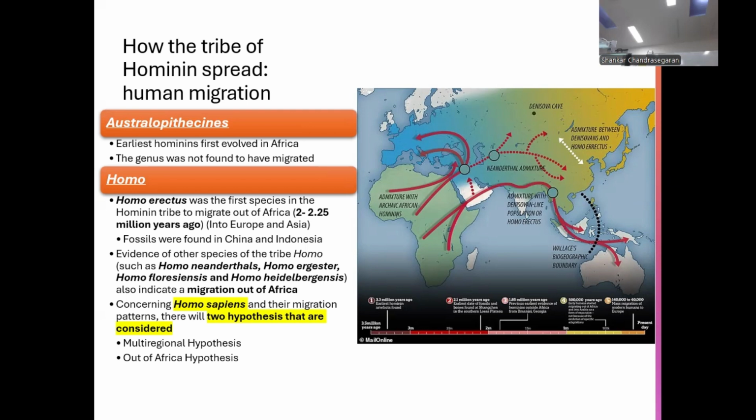Some of the species that we can relate that back to are Homo neanderthalensis, Homo ergaster, Homo floresiensis, and Homo heidelbergensis, and also smaller, not as well documented species of Homo that we also talked about in the past. So we could find these fossils outside of Africa. That is an indication that they at one point did migrate out of Africa along with the rest of the Homo erectus, going to different sections of the earth.